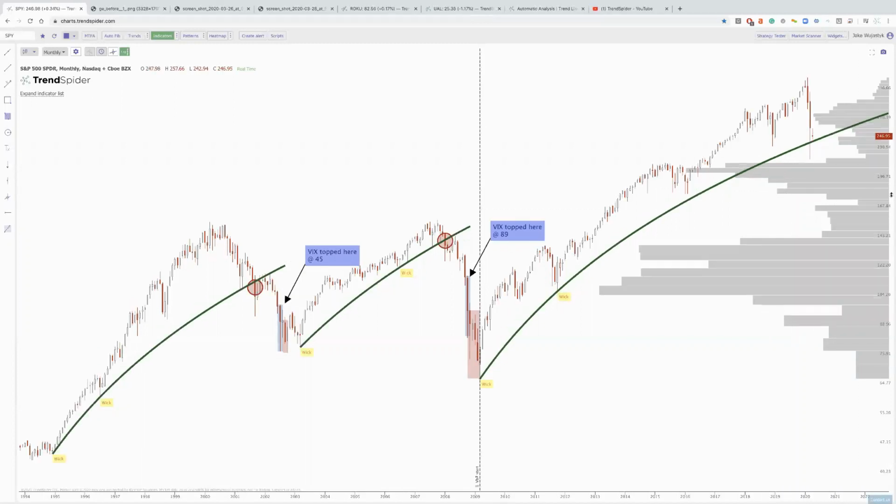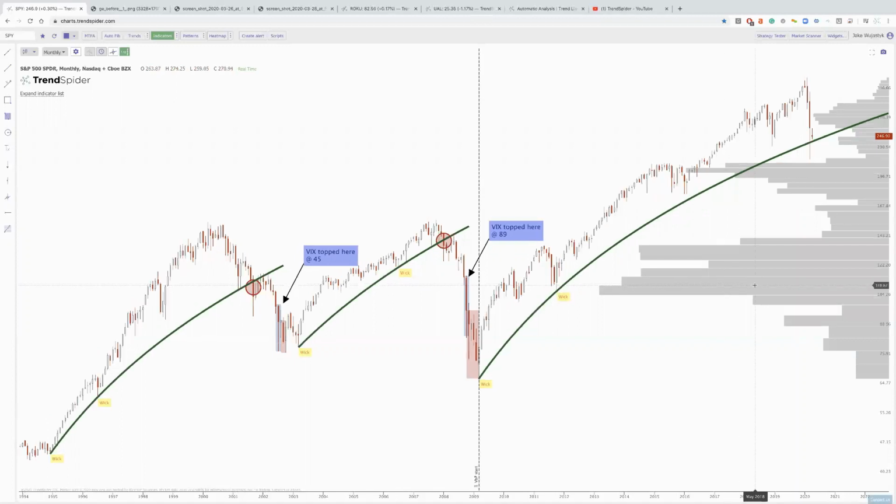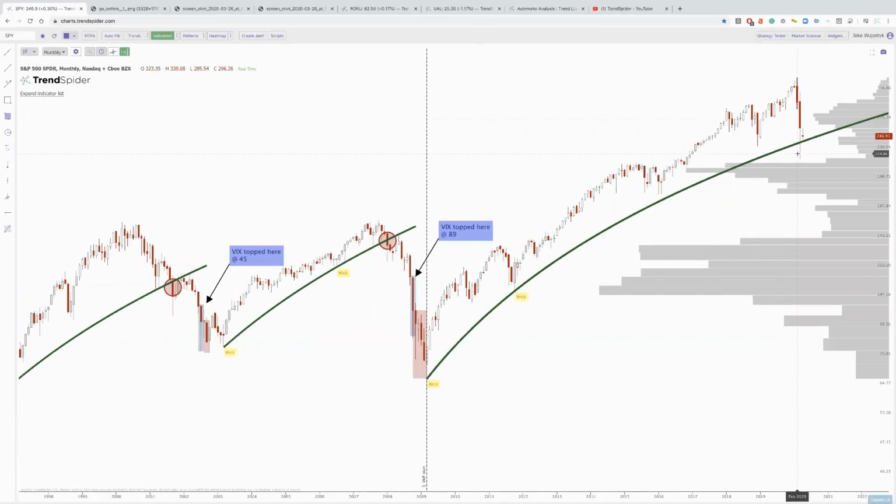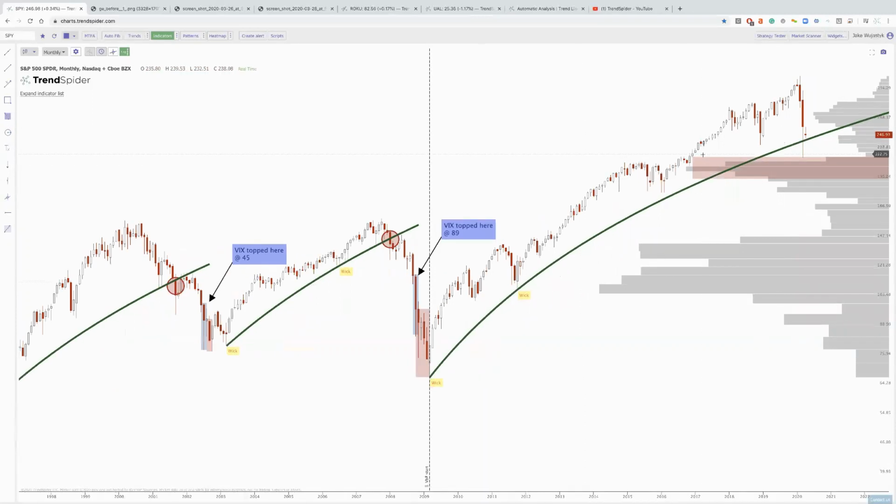If you look at where we bounced, notice what happened here. We literally almost bounced right off of this demand zone. Remember, at first, these people were up over 60% from this point in less than 4 years, and as soon as all this comes out, they're all racing to get out.